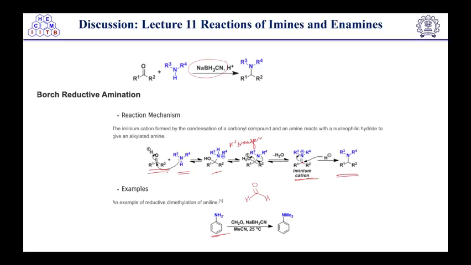Here we have a primary amine, it will attack over here and open up like this. The above mechanism you have to follow for this one, and you will get this as a product. So try yourself. If you are not understanding, I will explain again, or you can ask me in the next class if you have doubt later.